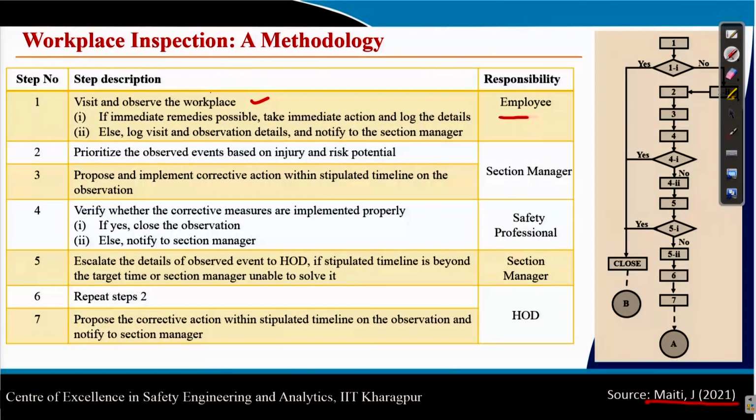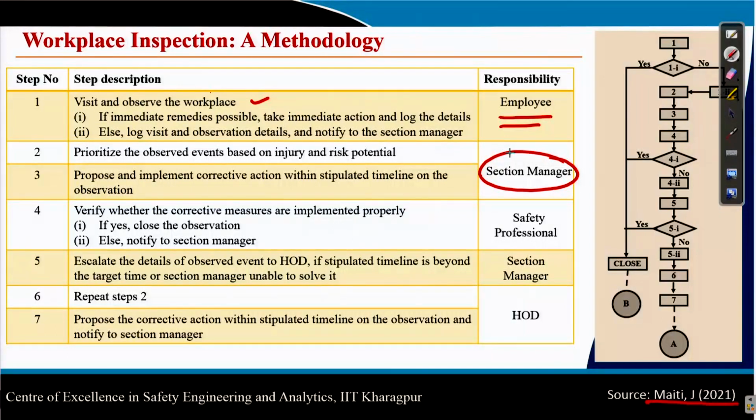So maybe you can entrust your employee to do this. Then prioritize the observed event based on injury and risk potential, and propose and implement corrective actions within a stipulated timeline on the observations. That means a little higher level person, maybe the section manager, will be doing this.